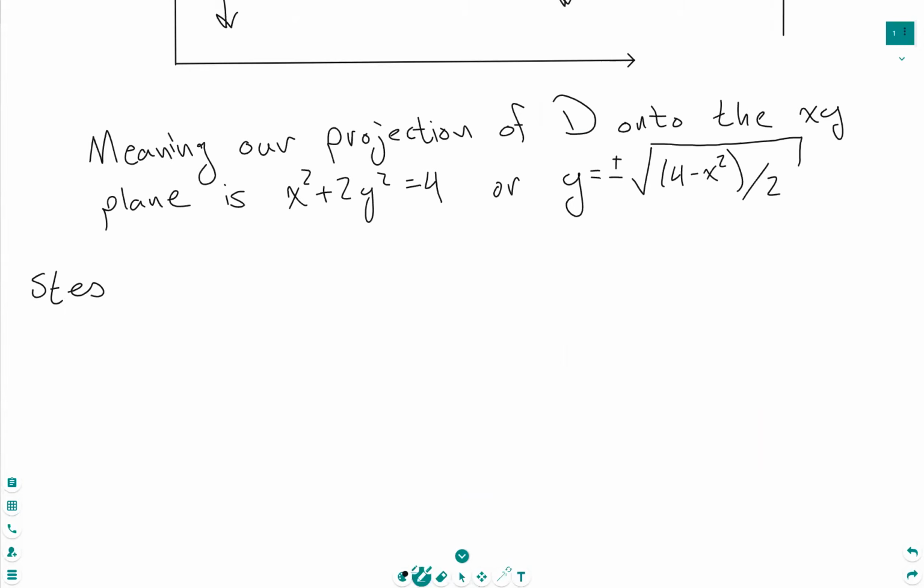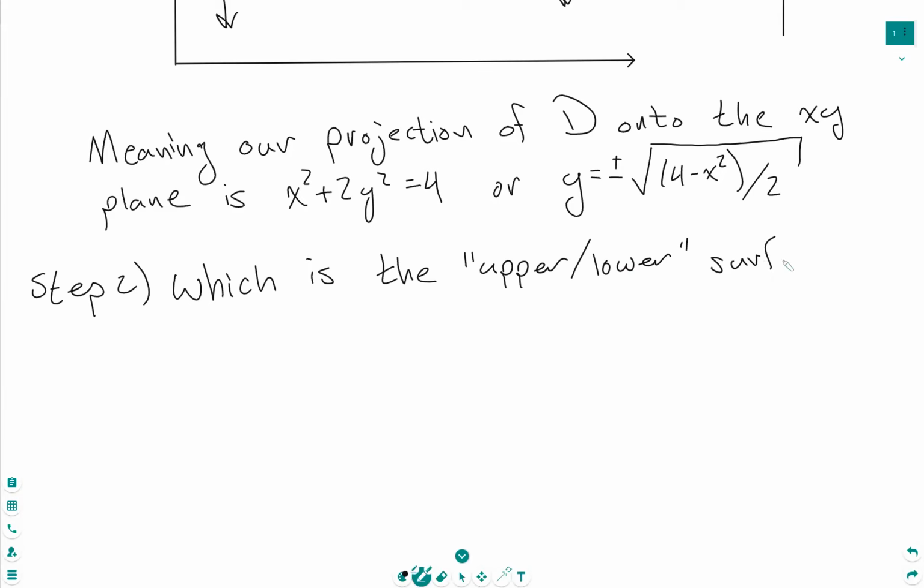So step 2. Which is the upper and lower surface for the z bounds?